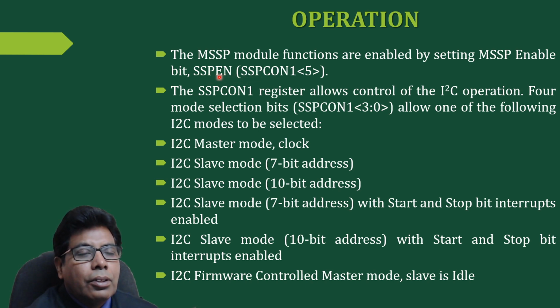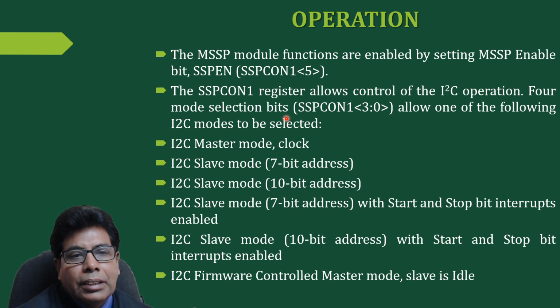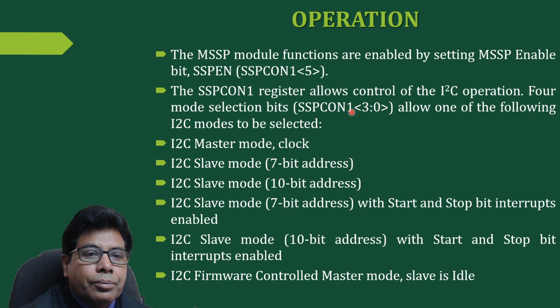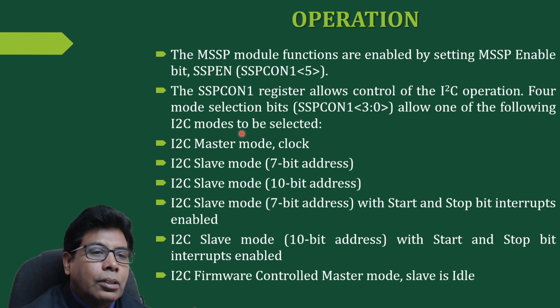So this bit should be 1, then only the SSP module will be selected for the I2C mode. Then the SSPCON1 register allows control of the I2C operation. We have seen these 4 bits, SSPCON1 bits 0 to 3. They are used for selecting the particular mode.